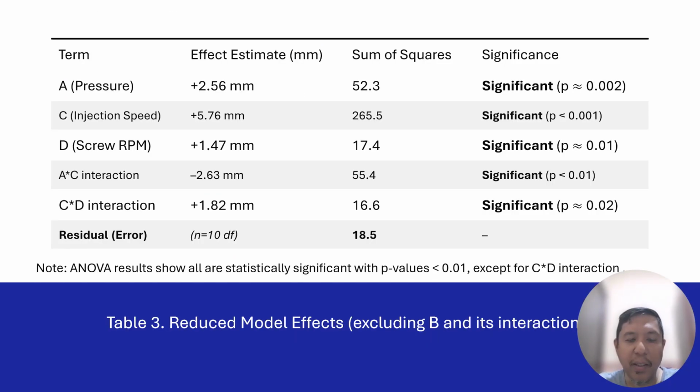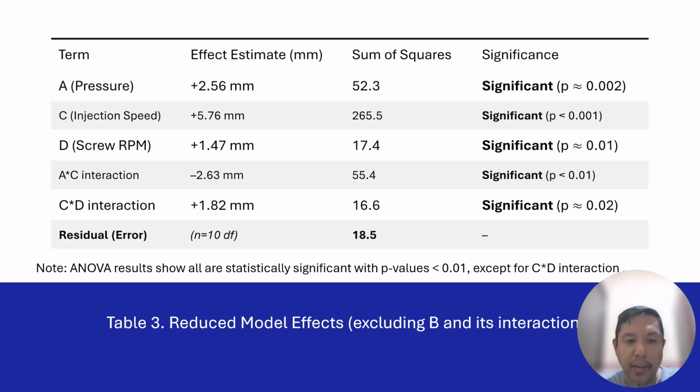All right, this is the table showing the reduced model effects, focusing on the factors that significantly have impacts, the main effects, as well as the major interactions, and showing their sum of squares, their effects, and their significance, the p values.